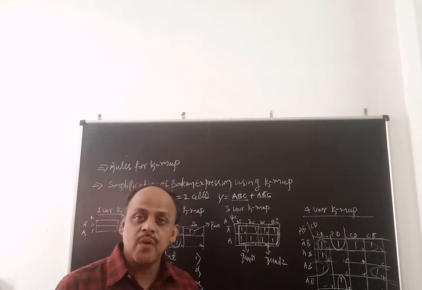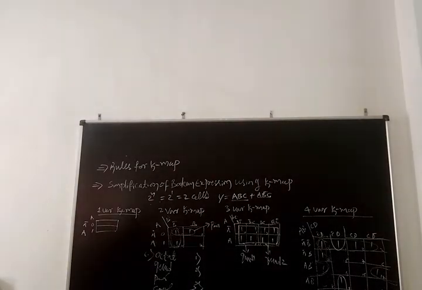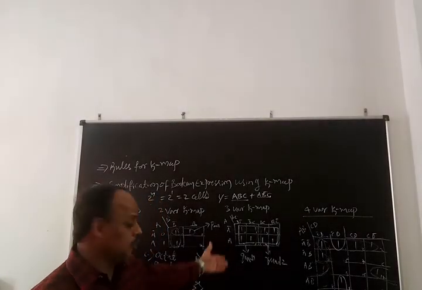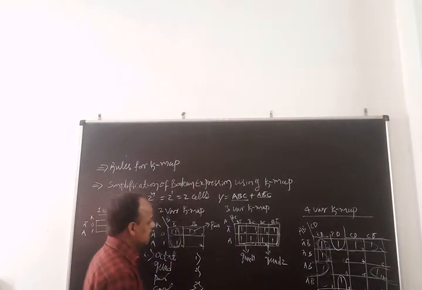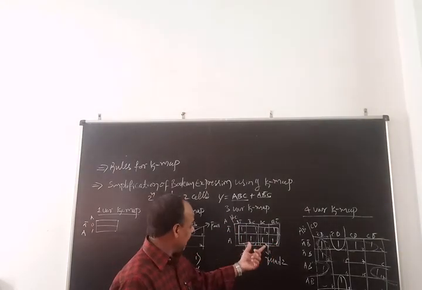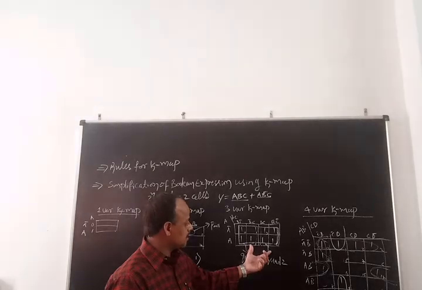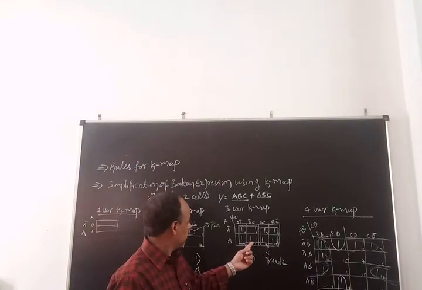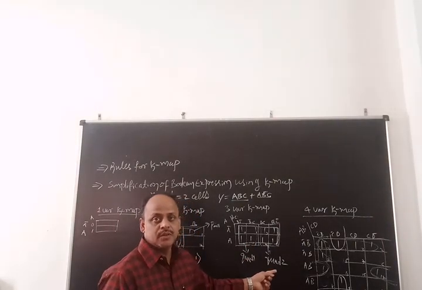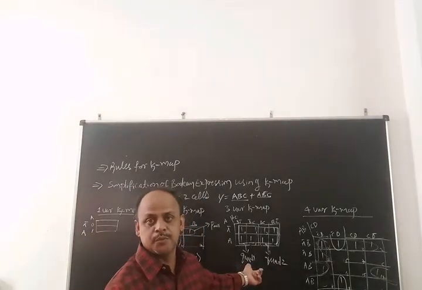And the last point, the 8th point: what we have to observe is that we have to make as few groups as possible. Suppose, take this only as an example, a 3-variable K-map contains 8 cells. For example, 8 cells are filled with 8 ones. What are the group combinations here? We can make one octet here, as well as 2 quads. But the 8th rule says we have to make as few groups as possible.